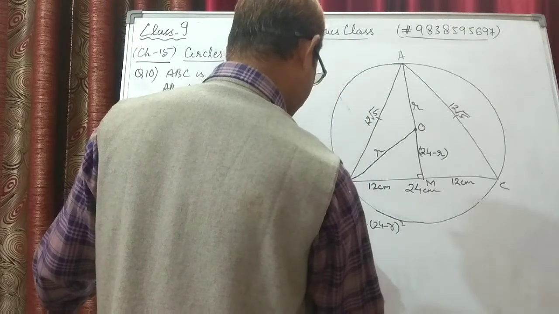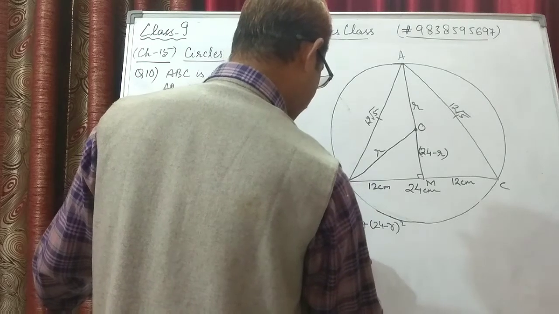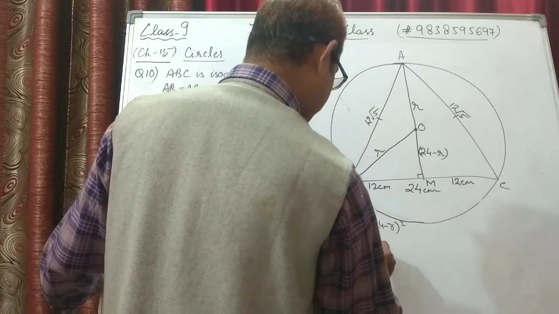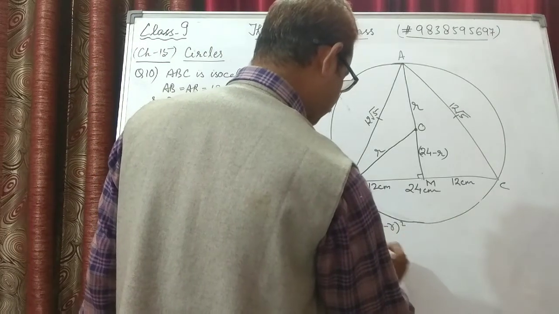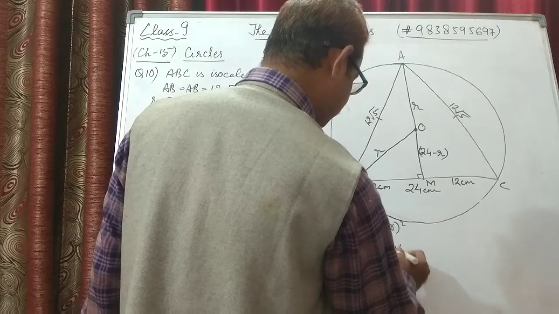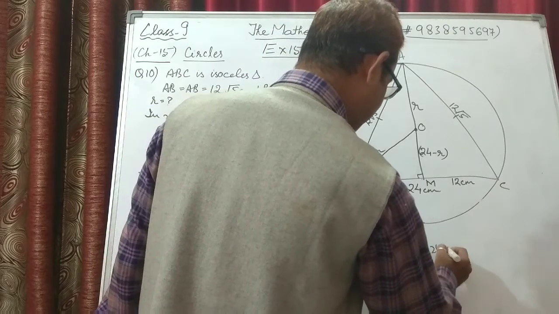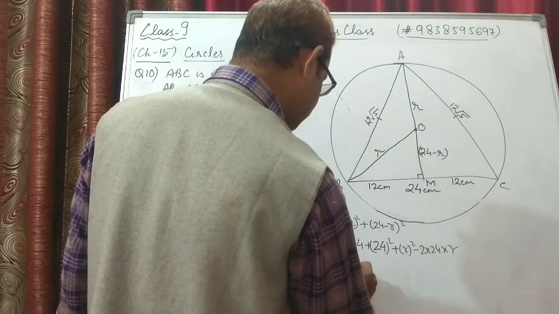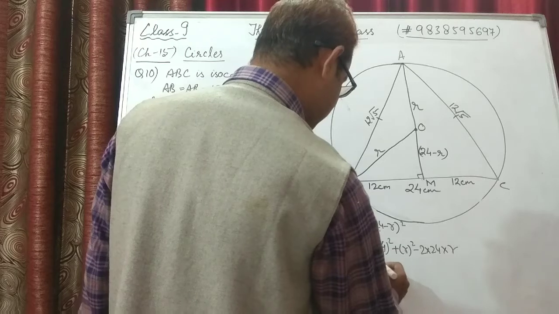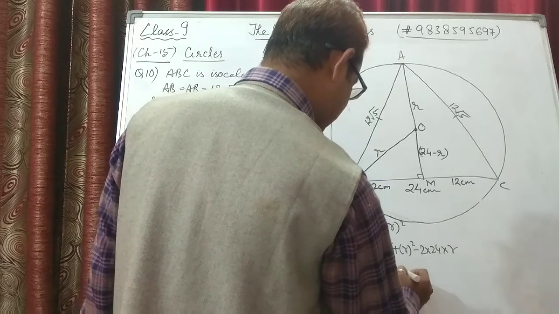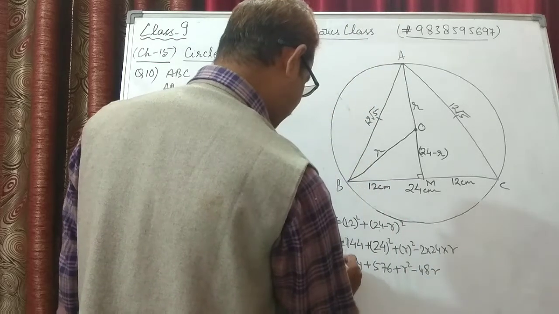So this will be R square is equal to 12 square, which is 144, plus A square plus B square minus 2AB. So according to the formula, R square minus 2 into 24 into R. This will be 144, 24 square we know is 576, plus R square minus 48R is equal to R square.